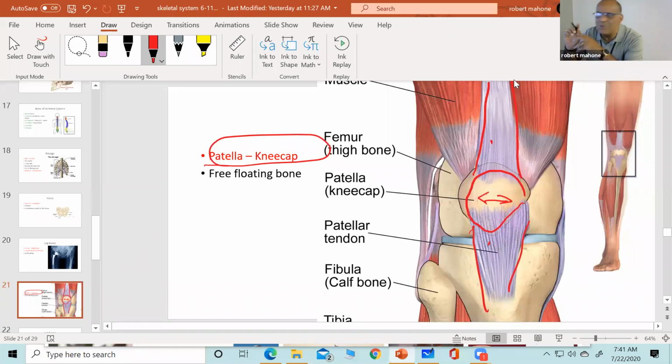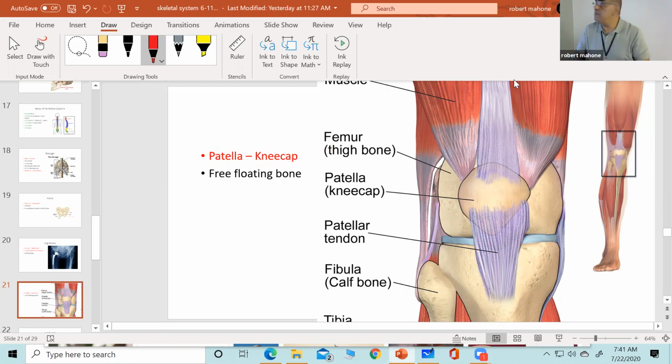We probably didn't have this bone initially. This is a bone that I believe evolved into our skeleton. It doesn't attach to any other bones. Why did it evolve? Well, when we stood upright, so that we can see better, that also required us to do something else.